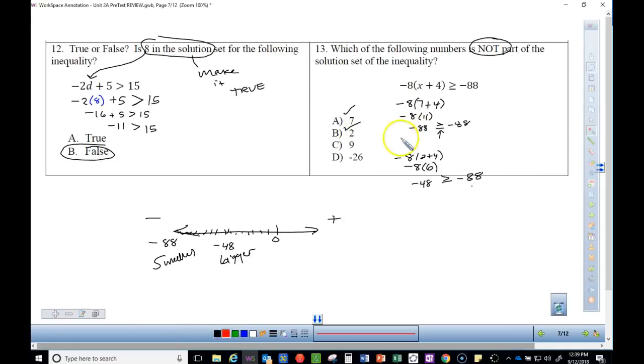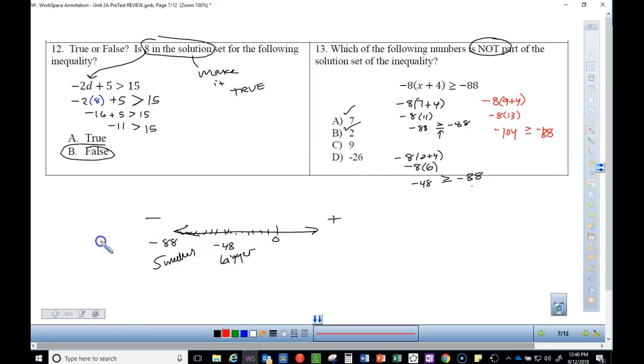So now we'll try 9. Let's see. 9 plus 4 times negative 8. So negative 8 times 13. Do it in your calculator, or your head, however you do it. Negative 104 is greater than or equal to negative 88.